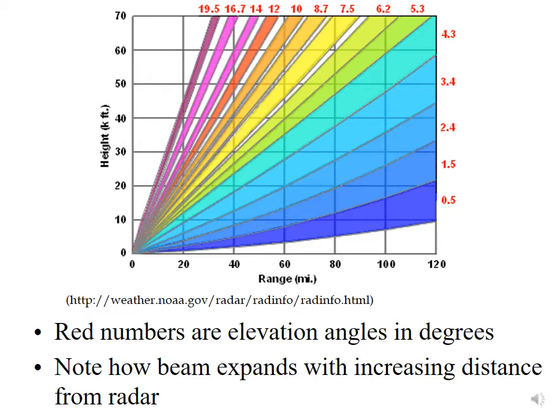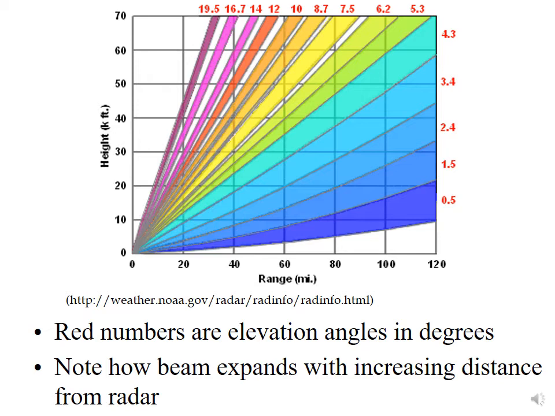You can contrast that with, say, the 4.3 degree elevation angle. By the time you reach 120 miles away from the radar, the 4.3 degree elevation angle is located between 60 and 70,000 feet, which is going to be above most of the storms, because that's going to be up in the stratosphere.